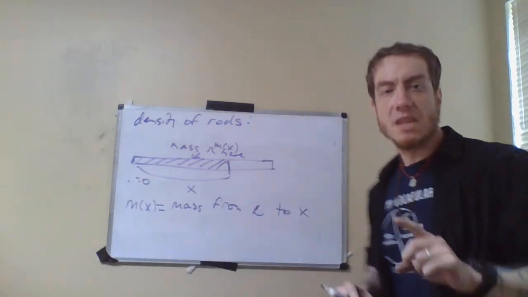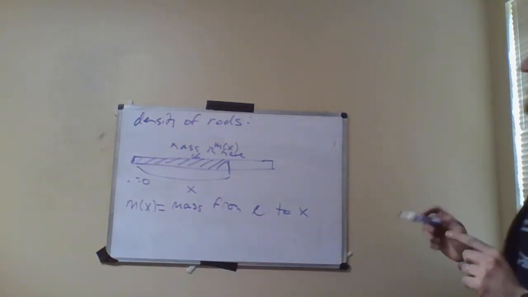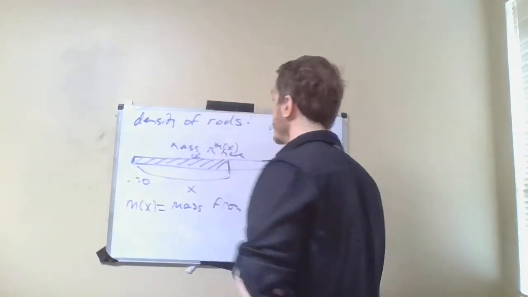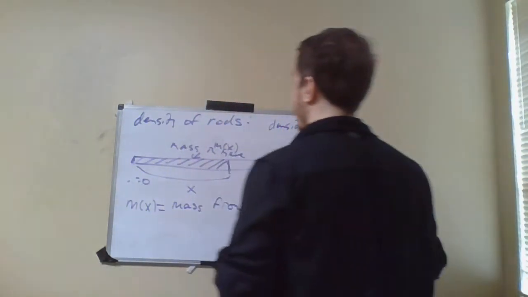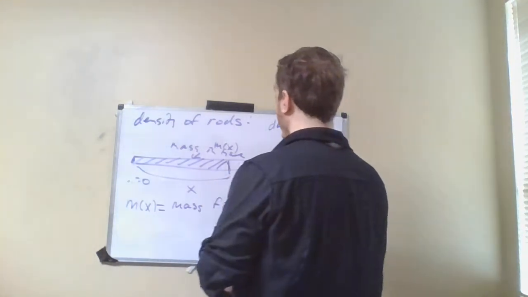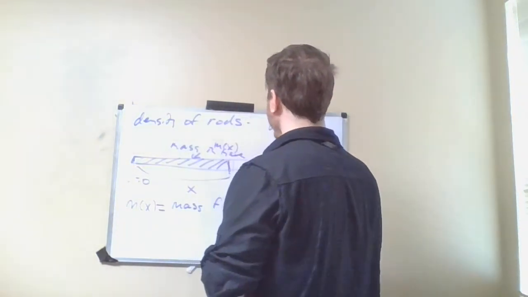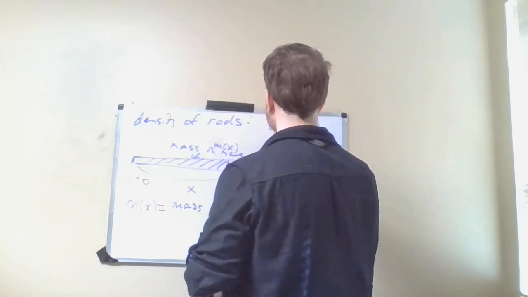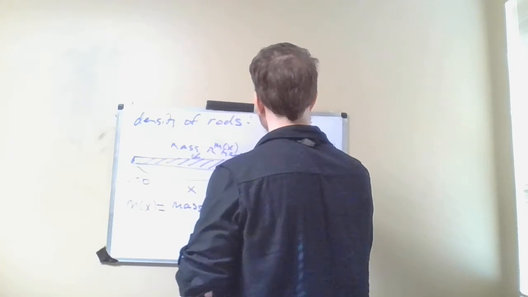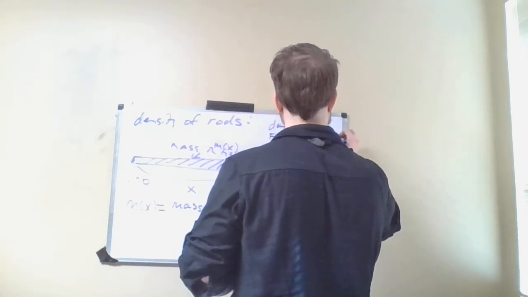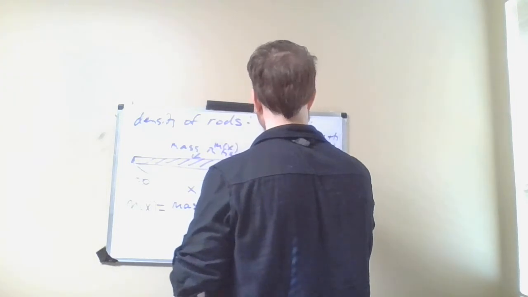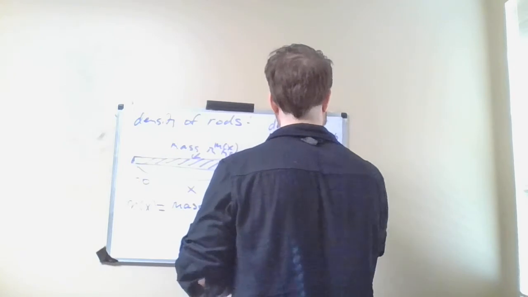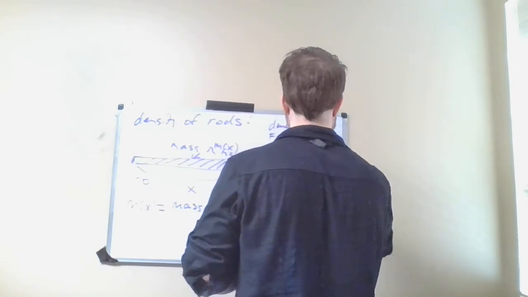Okay, so that's what's going on here. Well, then the density is going to be, think about what is the density near some point. Well, the average density between x and x plus h is going to be m of x plus h minus m of x divided by x plus h minus x.